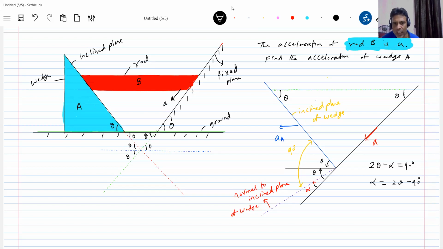Let's come for this one. Acceleration along common normal. Normal to inclined plane must be equal because the rod will not lose contact with the wedge. So what is the equations? We'll write it here. I'll write down the equations now.